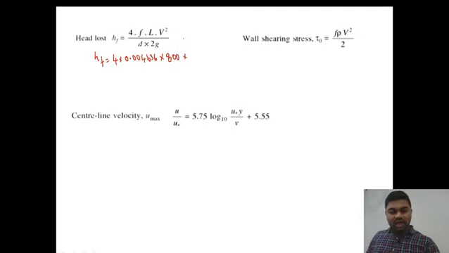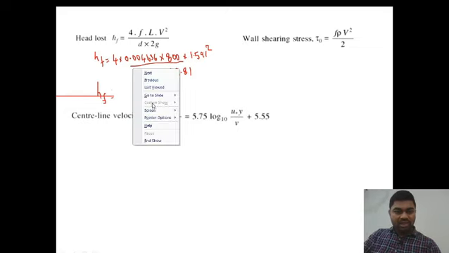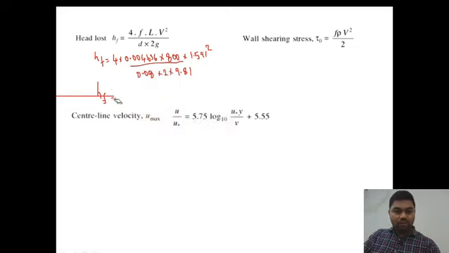The value of V is 1.591, so 1.591 square, divided by the diameter, 0.08, into 2 into the acceleration due to gravity, 9.81.